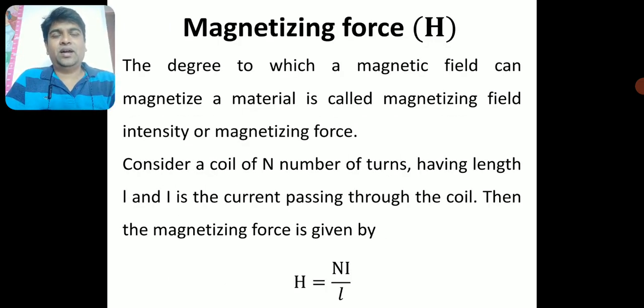Right. After that, we need to understand another important definition here, which is magnetizing force, H. The intensity of magnetization we understood, which we represent by the symbol I or M. Now the magnetizing force is represented by H. This can be defined as the degree to which a magnetic field can magnetize a material.